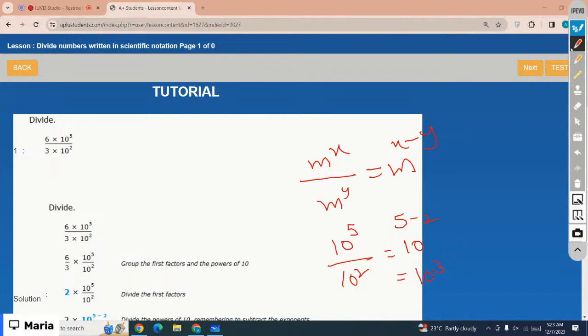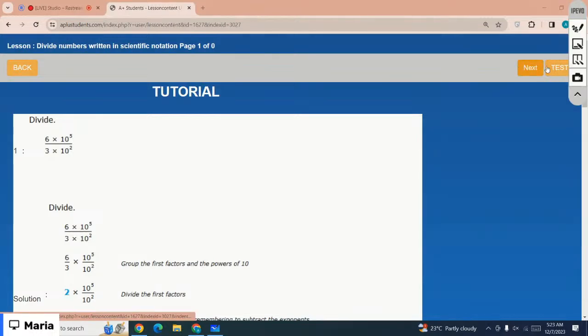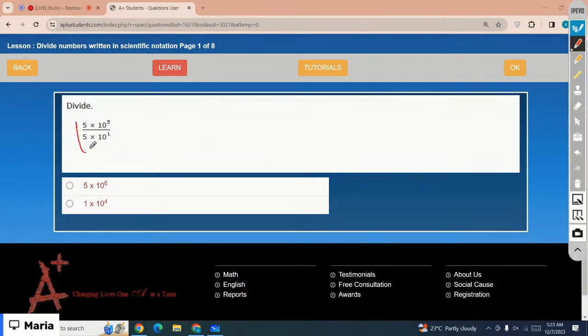Okay, let's just start with the test questions. Okay, 5 times 10 exponent 5 divided by 5 times 10 exponent 1. Right? So divide the numbers like you simply do. 5 divided by 5 is 1. Now you have 10 exponent 5 divided by 10 exponent 1. They both have exactly the same base. So you can simply subtract 5 minus 1.